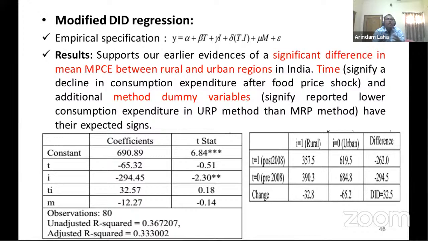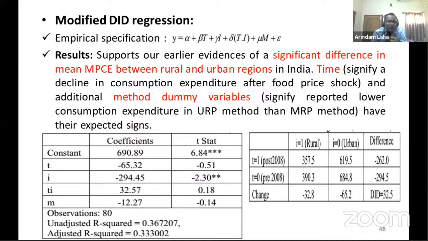So they commented on how we can increase the number of observations. 40 observations may not be sufficient to draw a meaningful conclusion. In order to have a meaningful conclusion, we have no option other than to increase the number of observations.